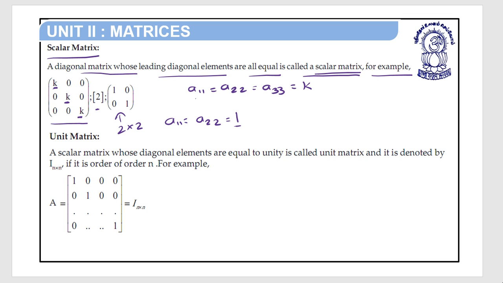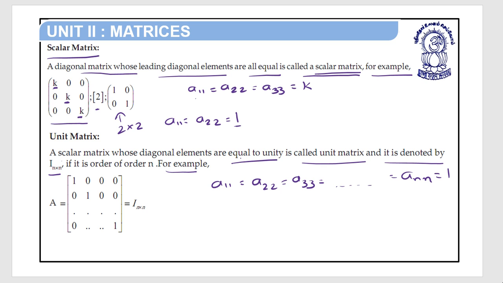Unit matrix. Unit means 1. A scalar matrix whose diagonal elements are equal to unity, meaning k is equal to 1, or A11 equals A22 equals A33 up to Ann equals 1, is called a unit matrix, and it is denoted by I of order n.